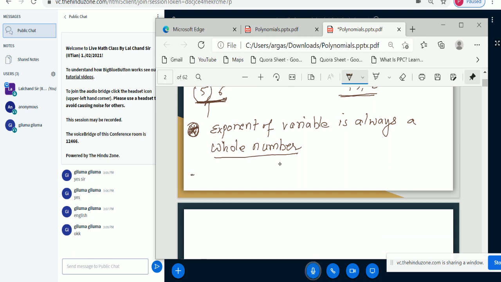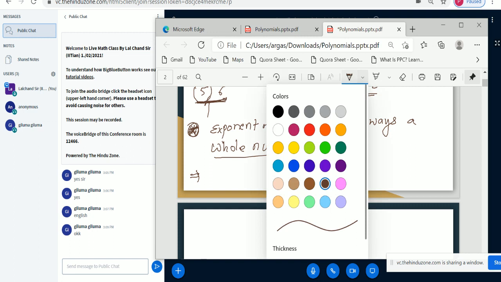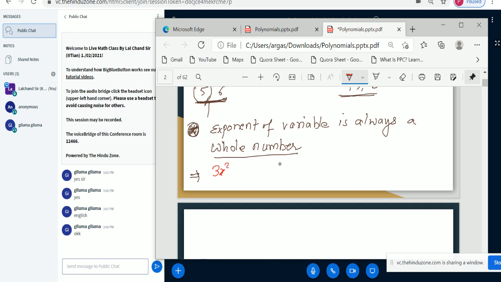Let's suppose I write an algebraic expression like 3x square plus 5x plus 9x to the power 1 by 2. Here this number is fractional. This is not a whole number. What do you mean by a whole number? The numbers starting from 0, 1, 2, 3, 4, and so on up to infinity.